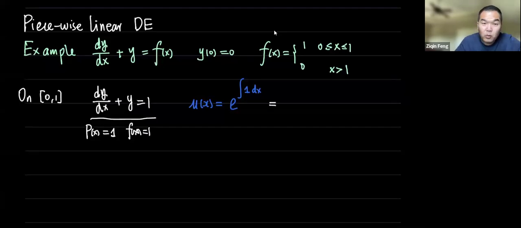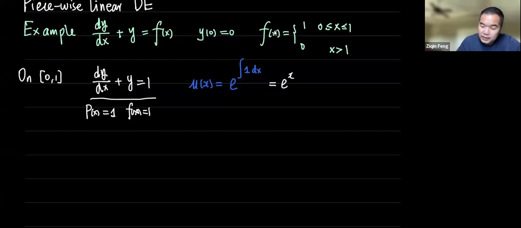So this is just e to x. And so we multiply by e to x on both sides of our equation, you get e to x times dy over dx plus e to x times y equal to e to x.